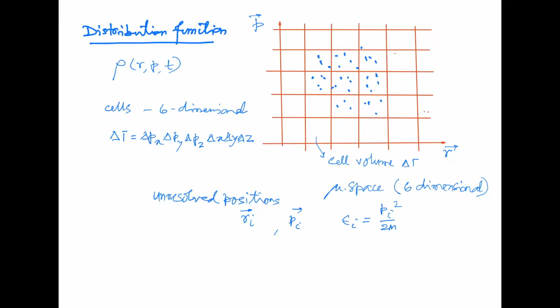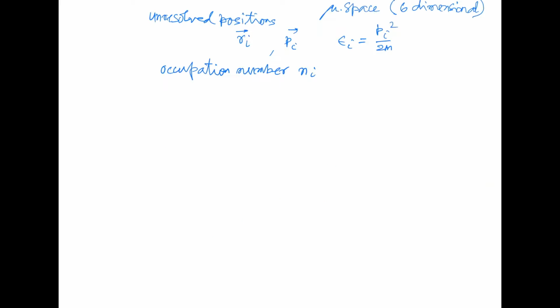The number of particles in cell i at any time t is called the occupation number. The occupation number for a cell at any moment of time t is represented by Ni, and that is the number of particles present within that ith cell at that moment of time.